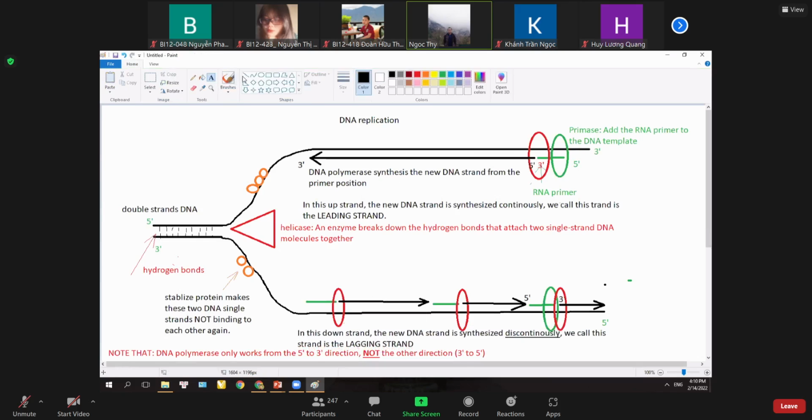And these fragments here, these discontinuous fragments, are they called Okazaki fragments?